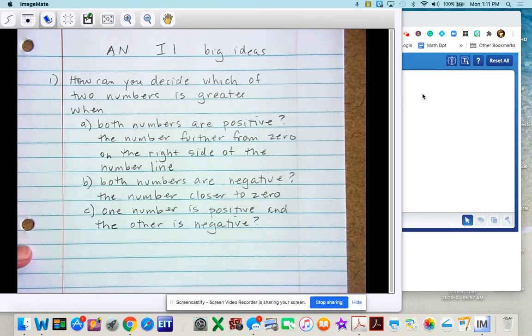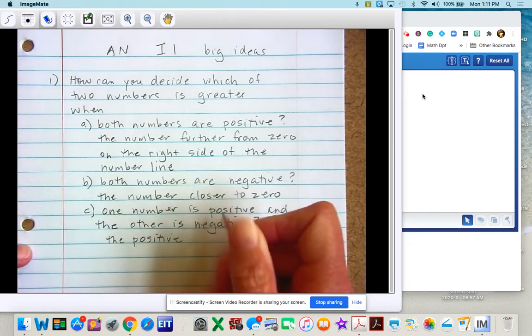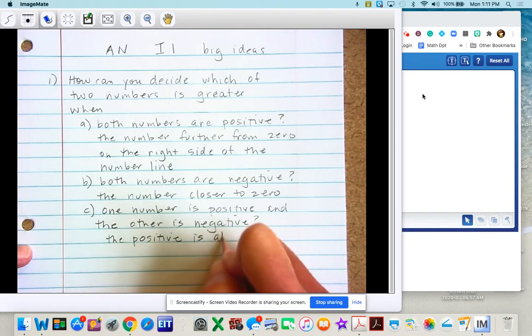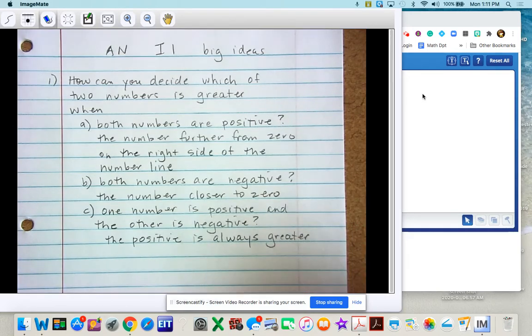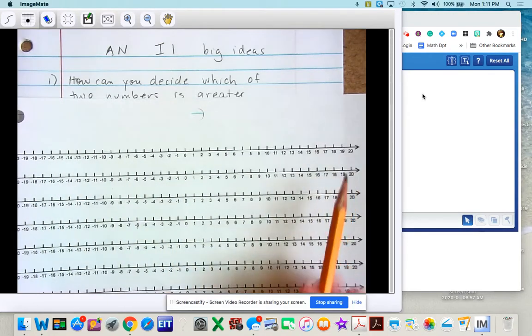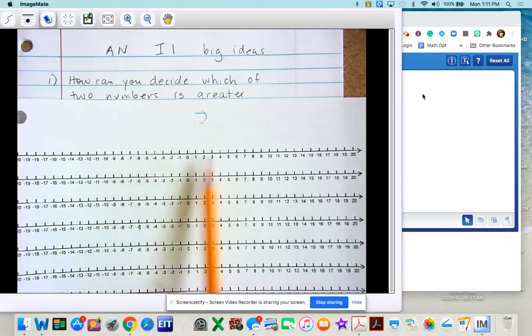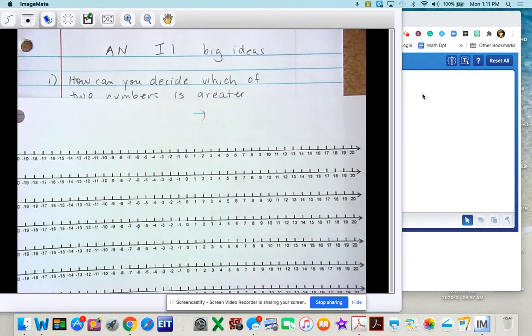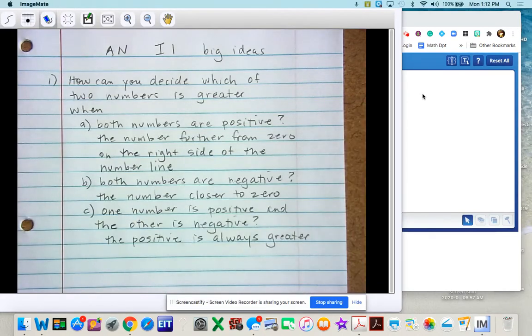Every time it's going to be the positive. The positive is always greater. So part of what we learned in this investigation was how the number line is set up and how to think about which ones are greater or smaller based on the number line. Further to the right, larger numbers. Further to the left, smaller numbers.